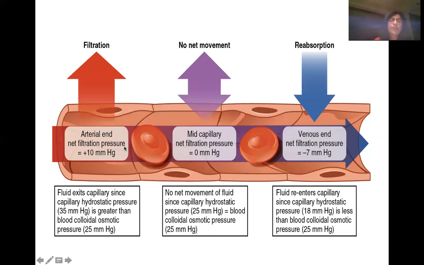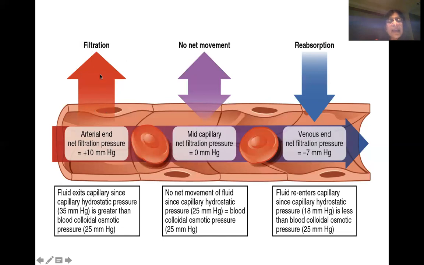So now we actually talk about bulk transport. Whenever the pressure is greater within the capillary than the opposing force, the oncotic pressure, fluid escapes from the capillary to the interstitial space. That's what you call filtration.